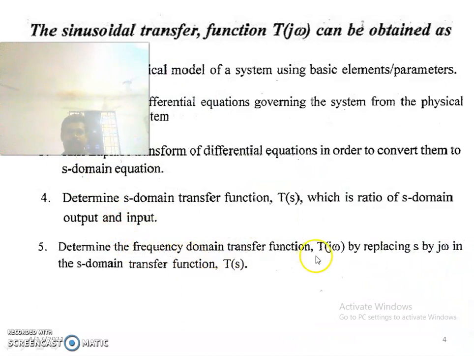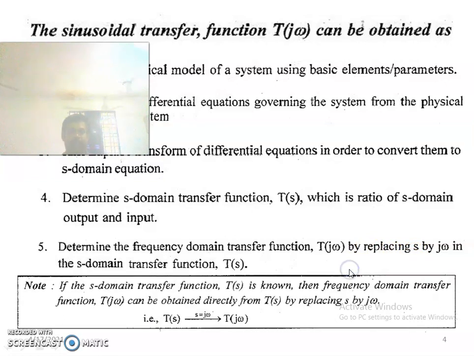Determine the frequency domain transfer function T of j omega by replacing S by j omega in T of S. If the S domain transfer function T of S is known, then T of j omega can be obtained directly just by replacing S by j omega.